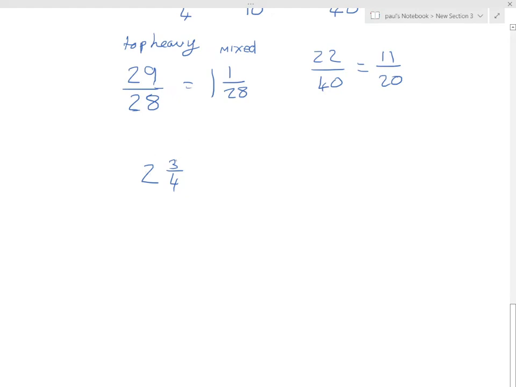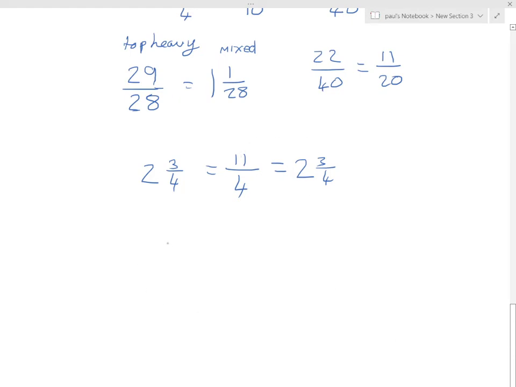And then you add the 3, making 11. And it's all in quarters, so it's 11 quarters. So from mixed back to top heavy, or top heavy back to mixed, we go 11 divided by 4 is 2, because 2 fours are 8. We've got 3 left over.